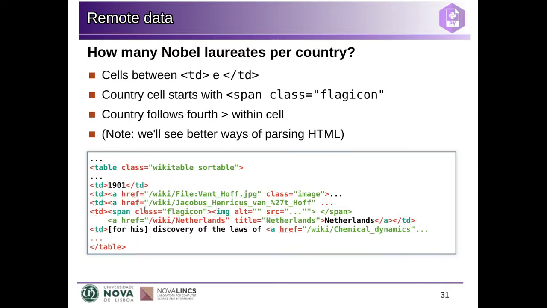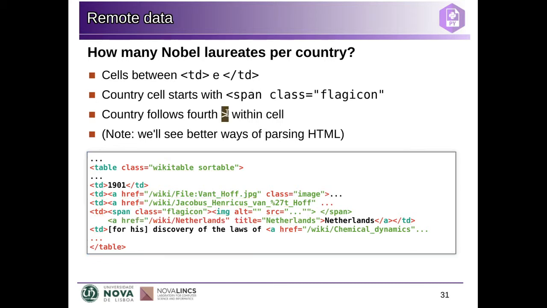The country cell has a specific class because of the way it's represented in the table. These classes are used for cascading style sheets and so on to determine how to represent these elements. But we know that the country cell always starts like this and then has different things, an image, then a link, and so on.